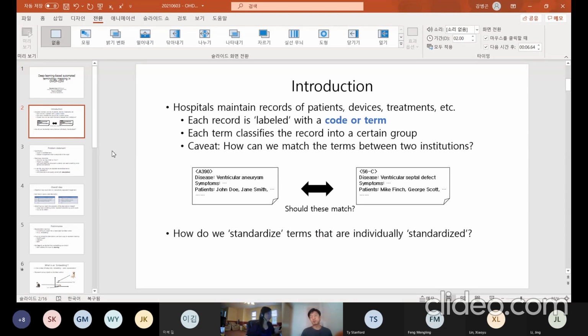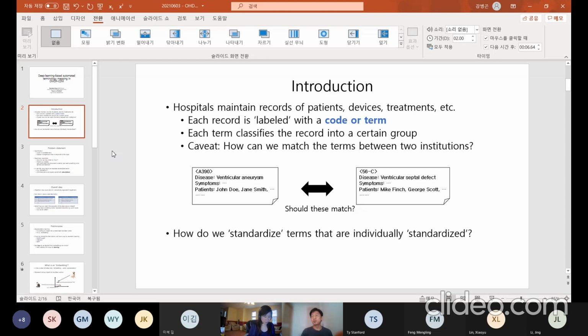So I was approached with this problem with a very practical motivation, and it's about records being maintained at multiple medical institutions, mostly hospitals. As you can all see, hospitals usually contain a lot of records about patients, the devices they possess, all the treatments they've done before, etc. And it's going to be very important to somehow systematically manage all those records.